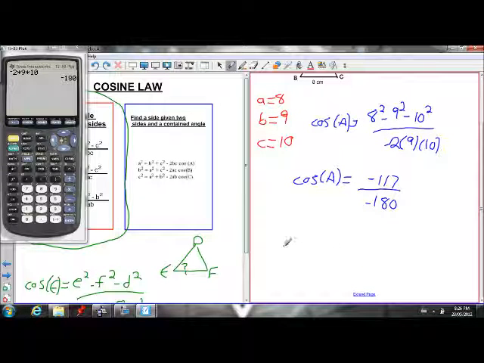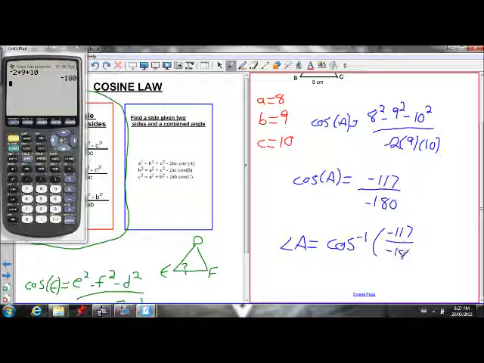I would then remember, if I have the cosine of an angle equals a ratio, and I know the ratio, to figure out the angle, I have to do the inverse cos of that ratio. Okay? -117 over -180.